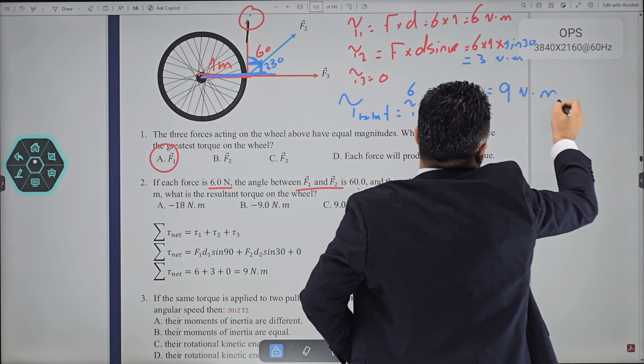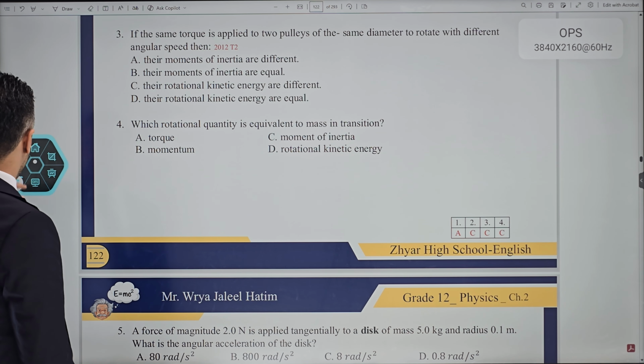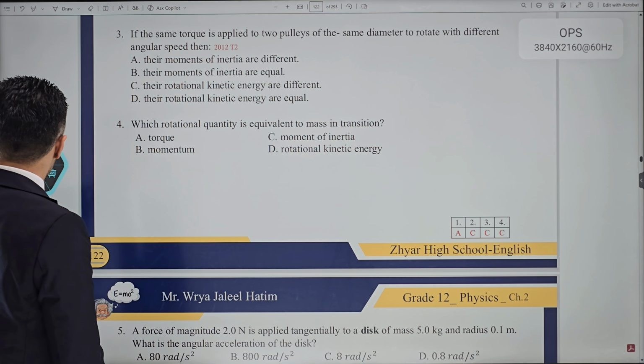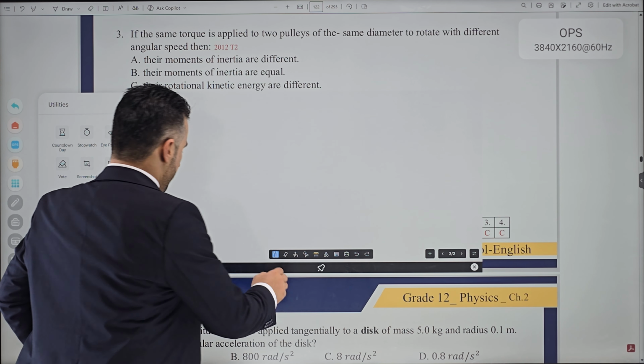It says, if the same torque is applied to 2 pulleys of the same diameter to rotate with a different angular speed, then, so we have 2 pulleys that have the same diameter. Okay, let's bring the whiteboard. There are 2 pulleys. They have the same diameter.